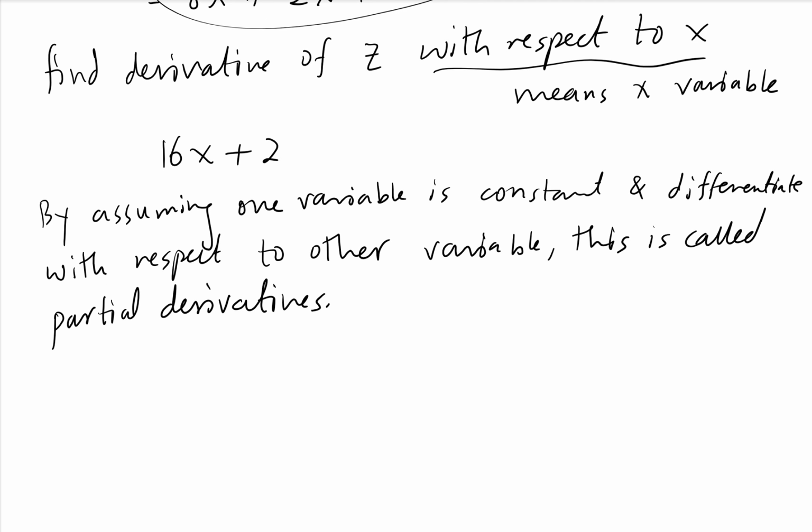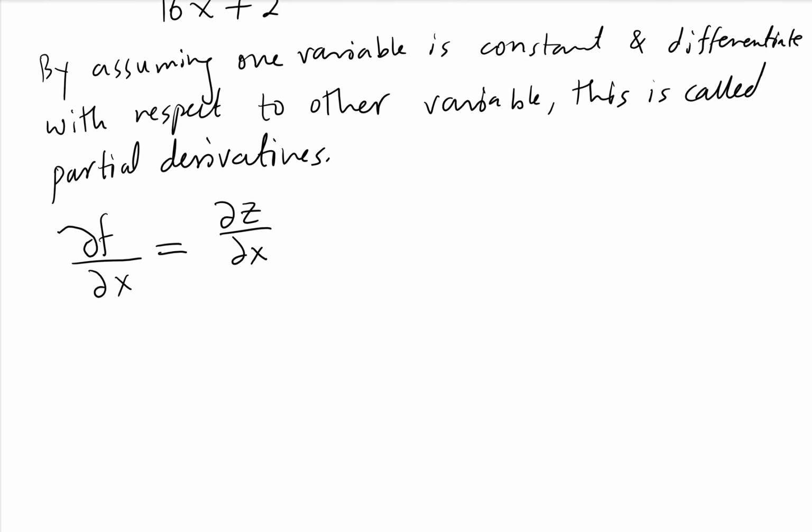So for example, if I want to find the partial derivative of f, we use this symbol like this. Partial f partial x. That's the derivative of f with respect to x, or you can say z. Partial f partial x, or partial z partial x. Instead of writing it all down, use the simple notation. So for example, it will get easier in a minute.